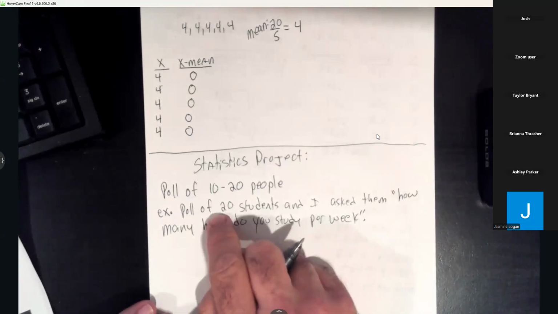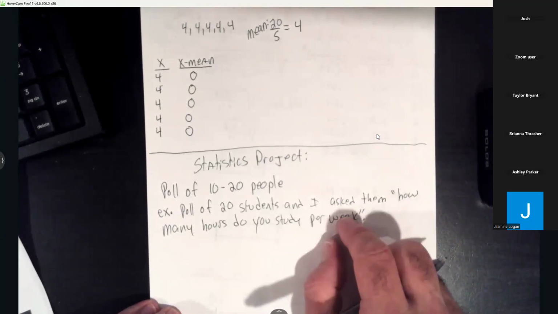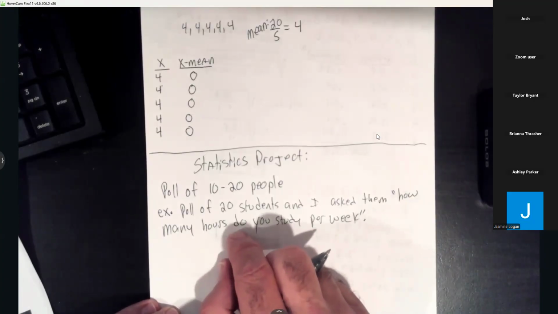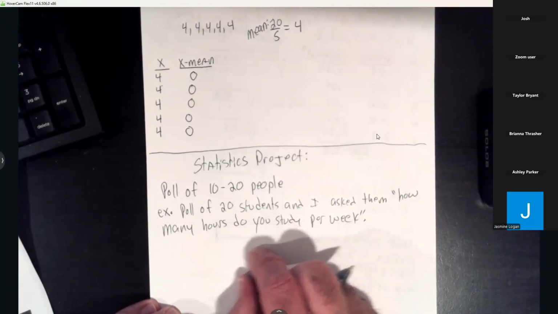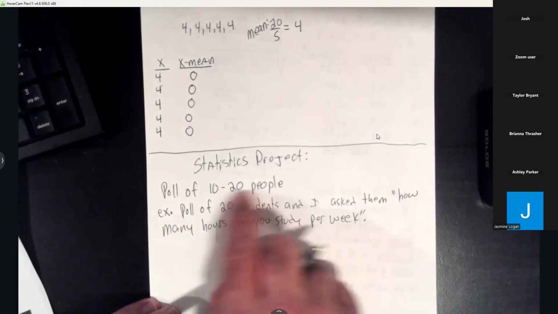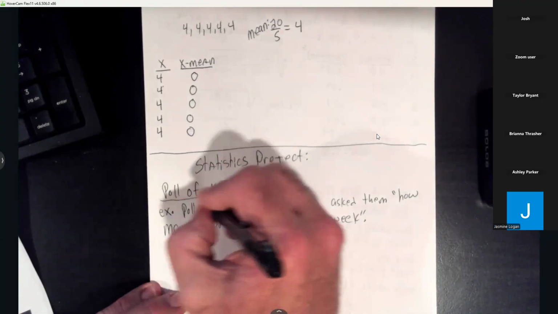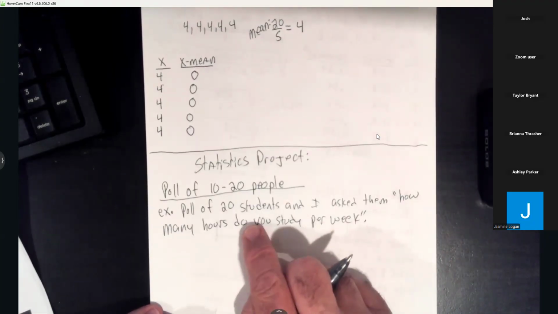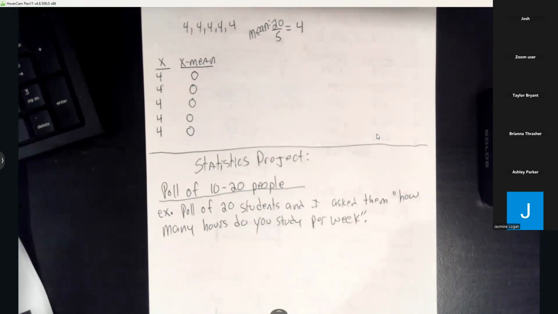So I had 20 people and I asked them how long did they study per week. Some gave me answers like 10, 12, or higher. Some didn't study very much. But y'all, I just need y'all to find 20 people and give yourself about a week.